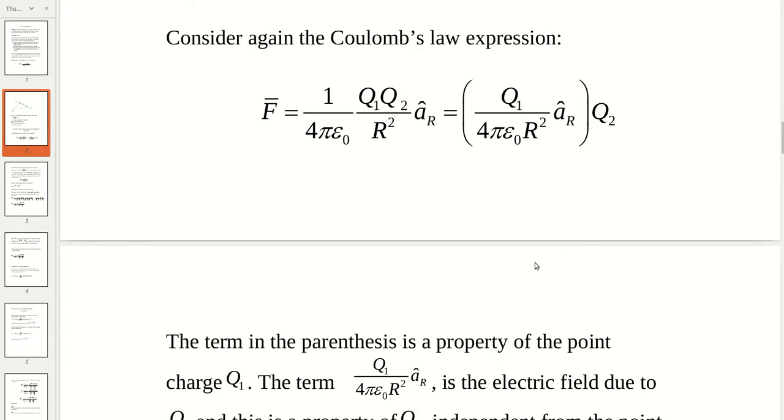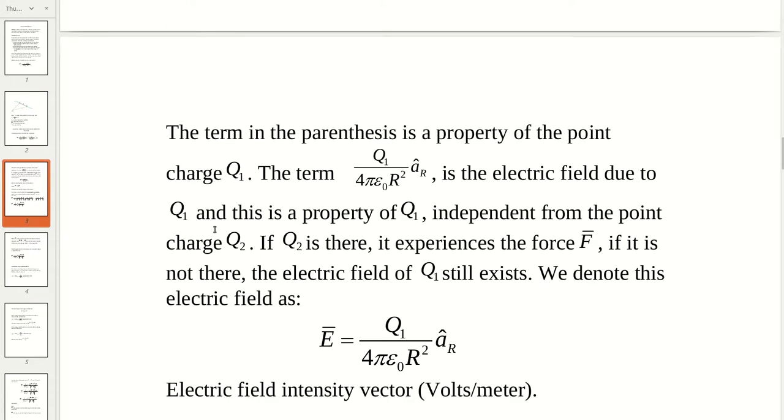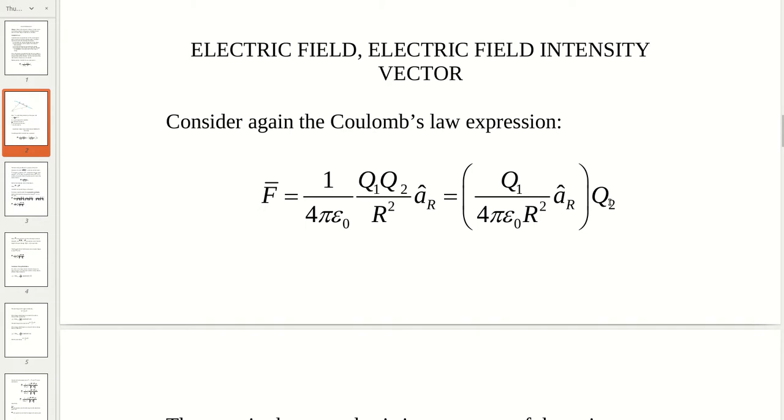So all of this is related to Q1, it is a property of Q1 independent of Q2. Q2 may change, but this is different. Okay, so this is related to Q1. This is the force coming from charge 1 to charge 2.